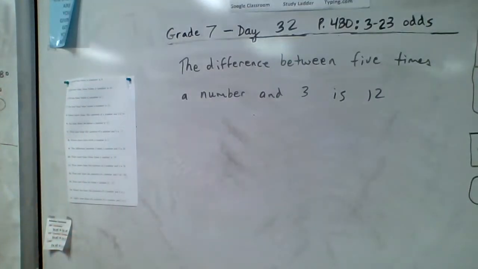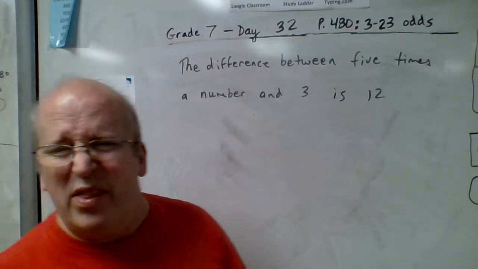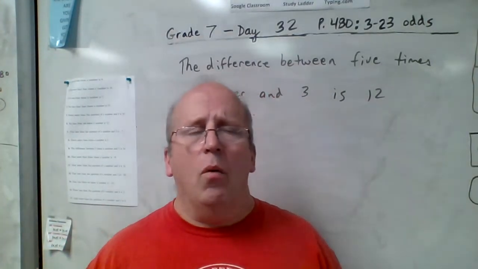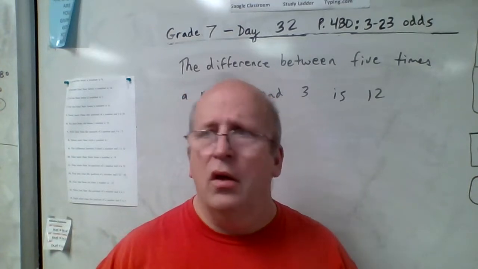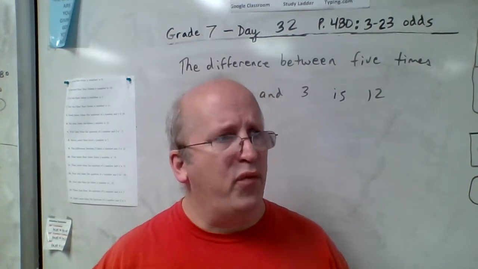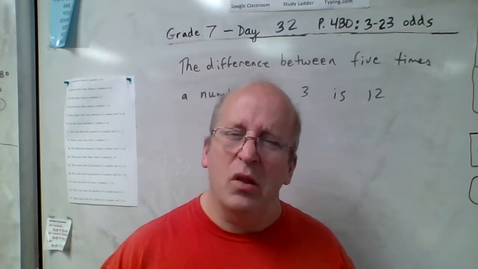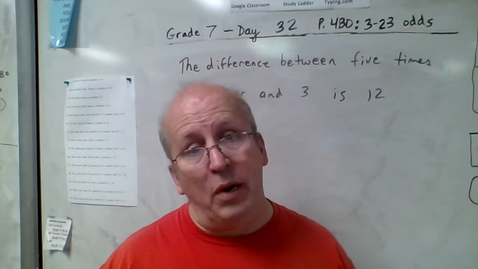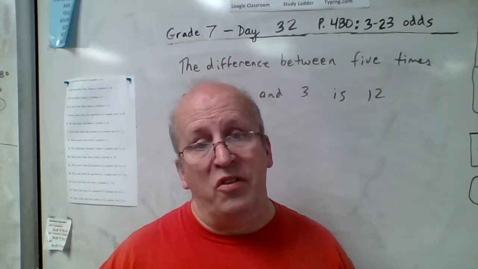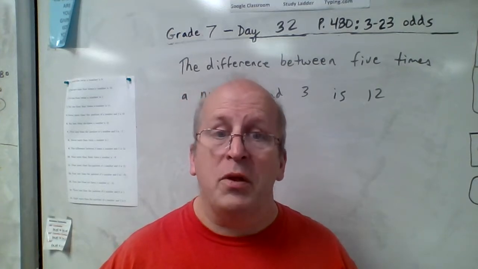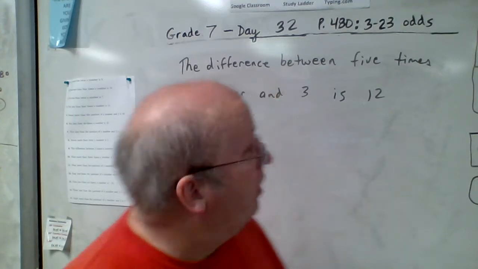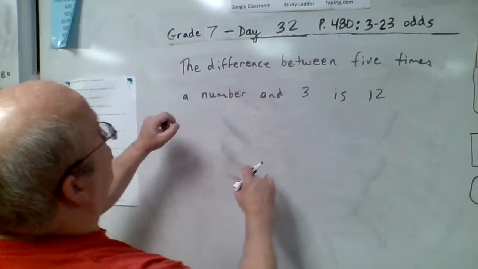Now this one's kind of tricky, but it's not really that bad. What do you think of when you hear the word difference? If somebody says, what's the difference between 7 and 4? What is the difference between those two numbers? Well, that's a subtraction problem, isn't it? 7 minus 4 is 3. The difference between 7 and 4 is 3. So we know we're dealing with subtraction here.